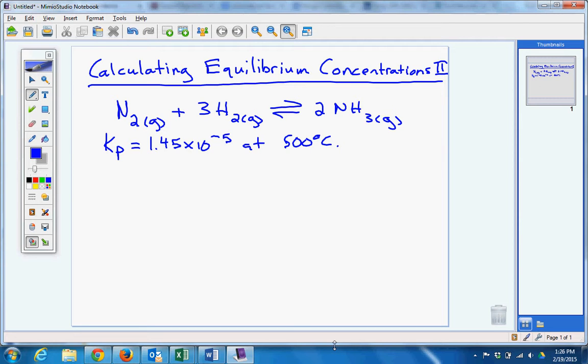All right, so in an equilibrium mixture of the 3 gases at 500 degrees Celsius, we have the partial pressures as the following. So at equilibrium, see this? This is the key to the question.